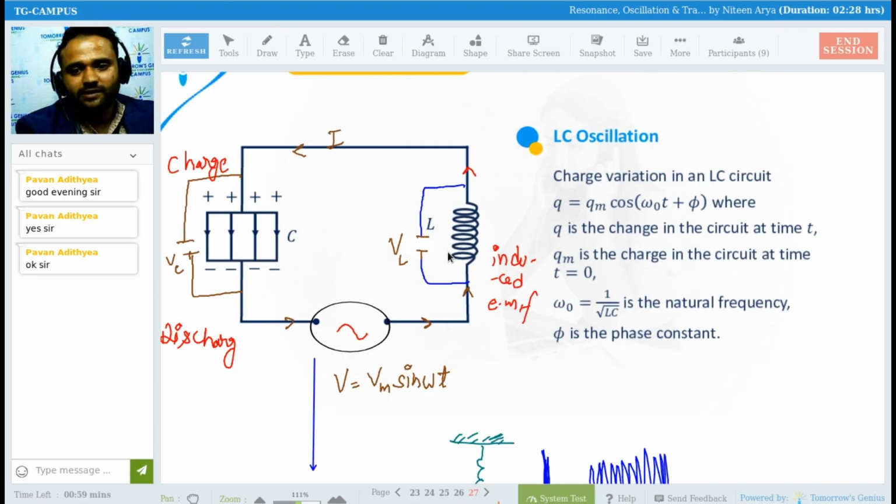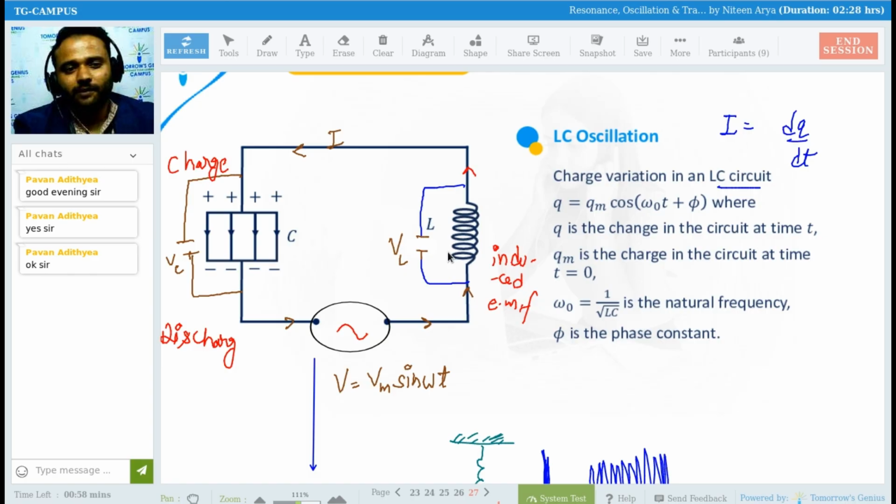So what is LC oscillation then? Charge variation in an LC circuit: Q equals Qm cos(omega naught t plus phi). How do we get this? As we know, I equals dq by dt. So if I need to find the charge, I need to integrate, and I is sine omega t, and the integration of sine omega t is nothing but cos omega t.